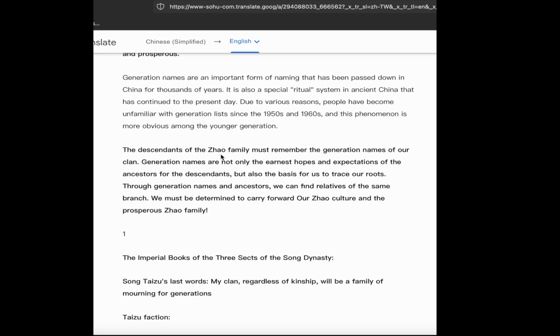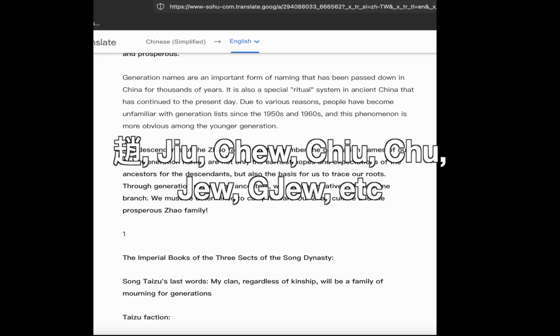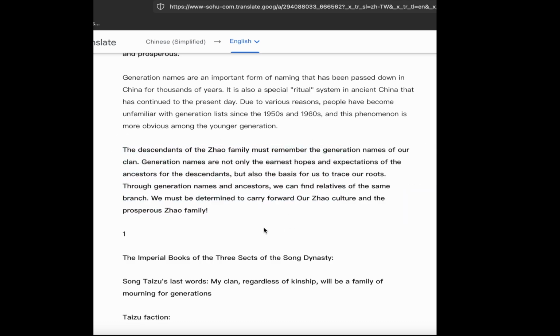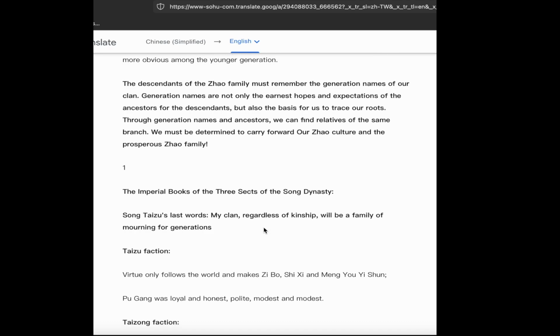The descendants of the Zhao family, also known as the Jill family, let's remember the generation names of our clan. Generation names are not only the earnest hopes and expectations of ancestors for the descendants, but also the basis for us to trace our roots. Through generation names and ancestors, we can find relatives of the same branch. We must be determined to carry forward our Zhao culture and the prosperous Zhao family.